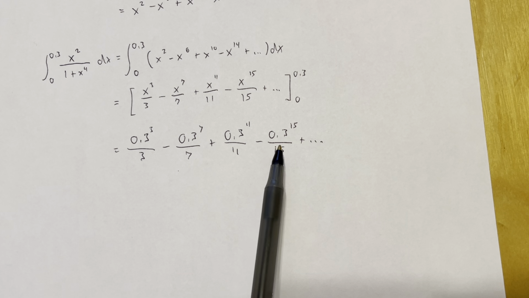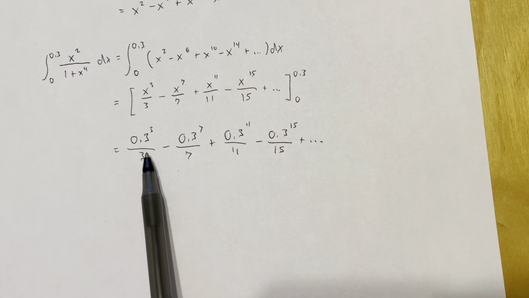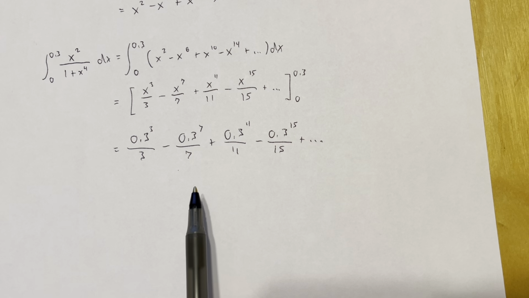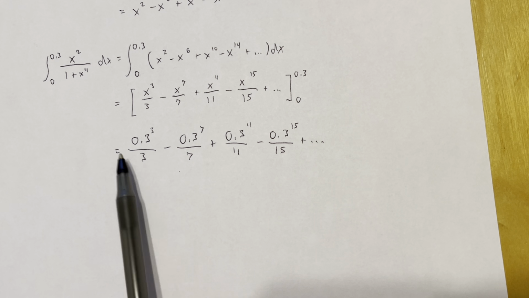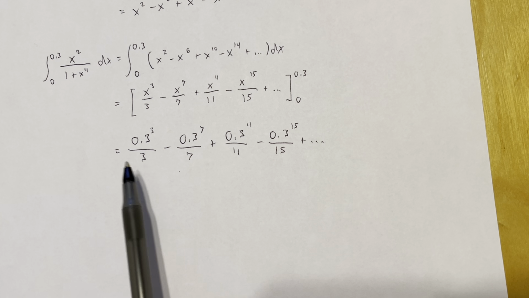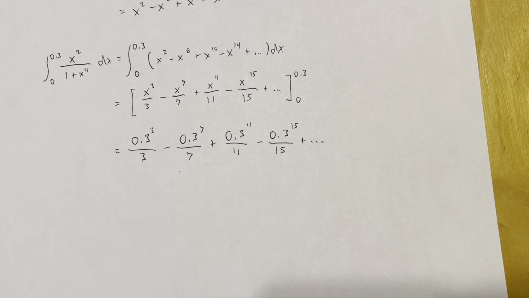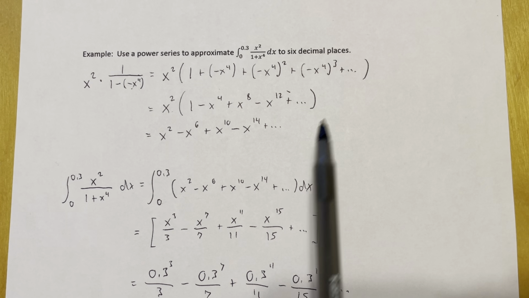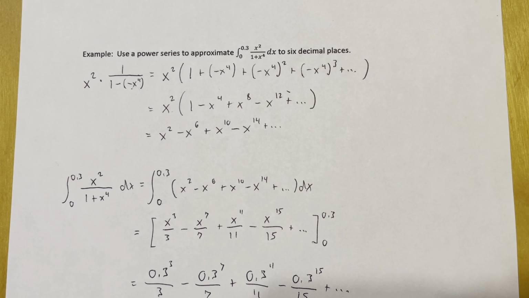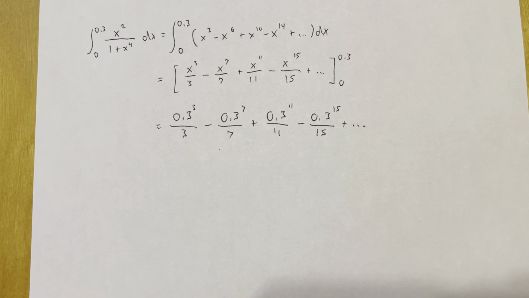So what I'm going to do is compute some of these and figure out where I find the first term in this series that gives me 6 zeros after the decimal point. Because if the remainder has 6 or more zeros after the decimal point, then that indicates that my approximation is within 6 decimal places of the actual sum of the series.